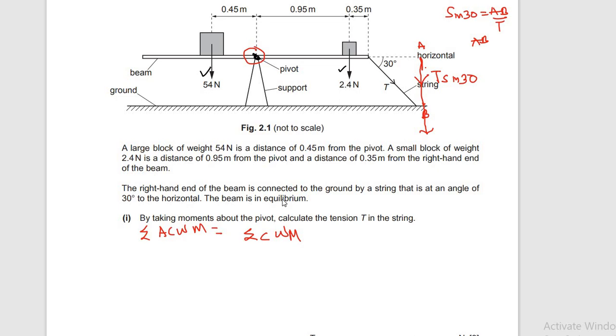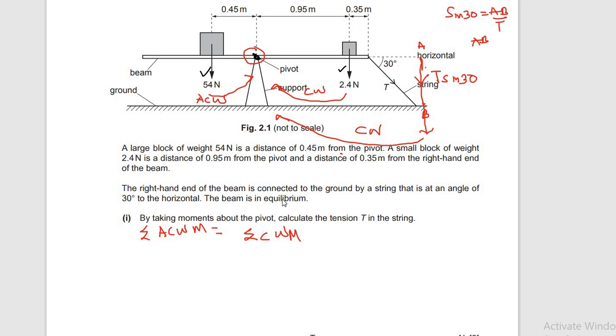From the diagram, the force T sine theta toward the pivot is clockwise. 2.4 Newton toward the pivot is also clockwise. 54 Newton toward the pivot is anti-clockwise. Remember the question said you should take the moment at the pivot.